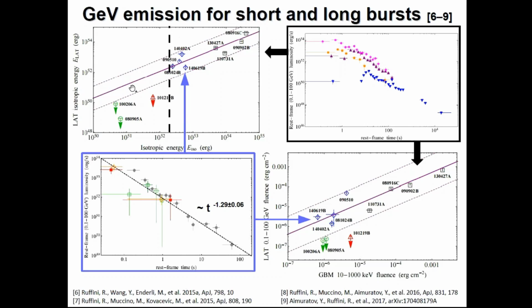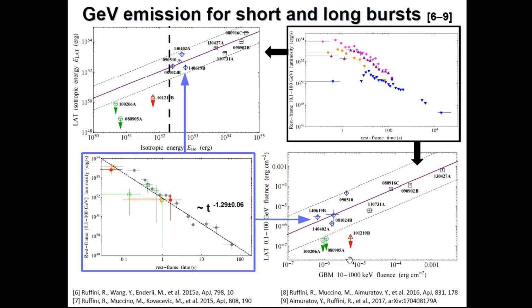plotting these two nice diagrams here, the LAT, the instrument on board detecting this high energy emission, versus the isotropic energy of the GeV gamma rays. And these are the LAT fluence in this energy range, 0.1 to 100 GeV, and the GBM fluence in 10 to 1000 keV.